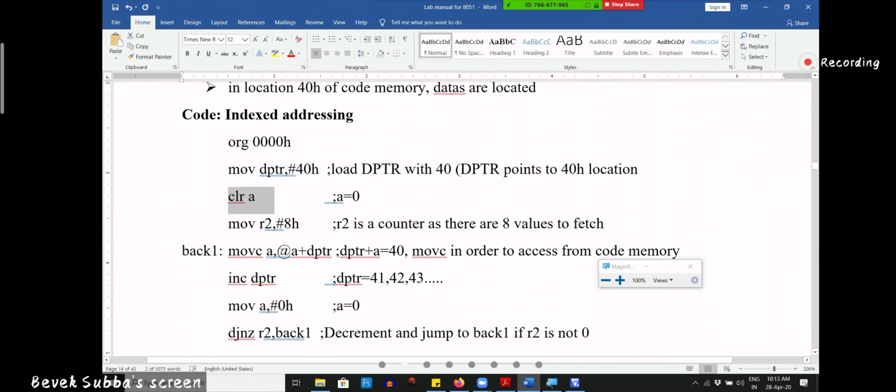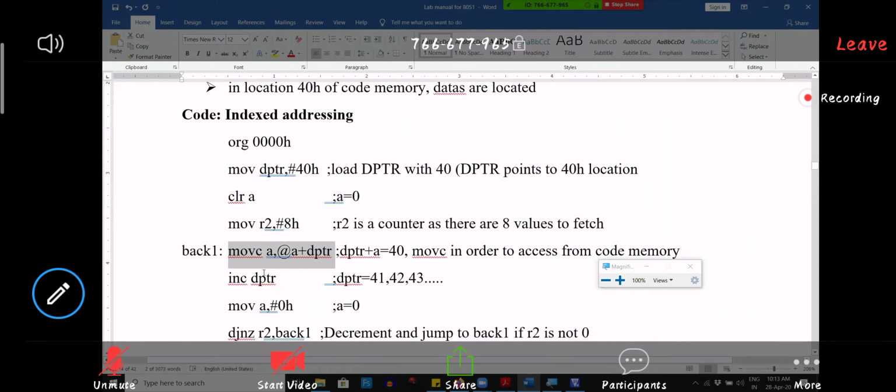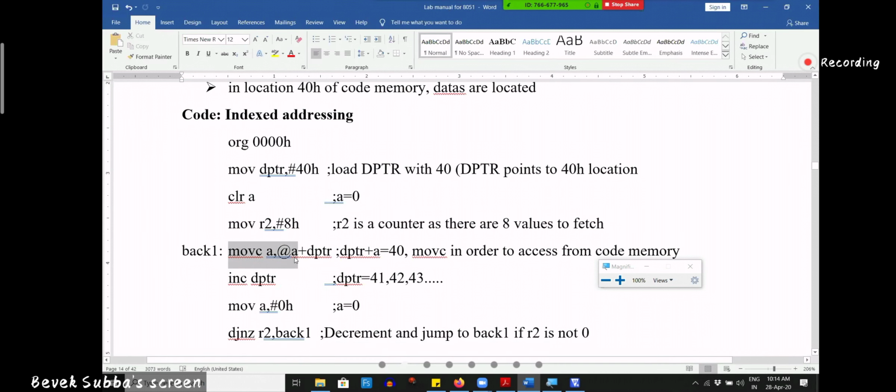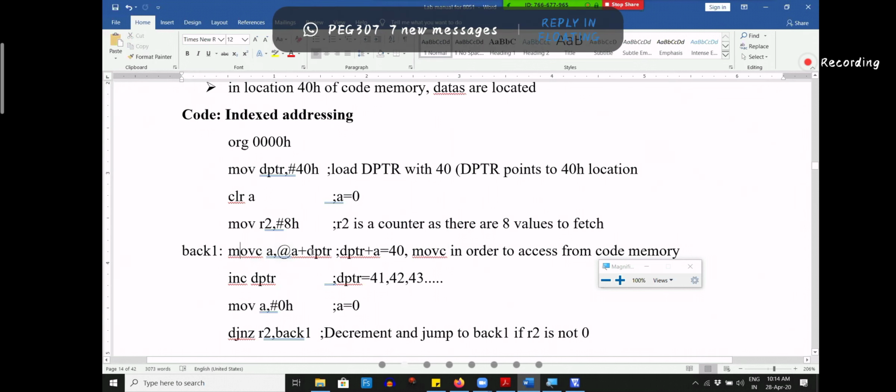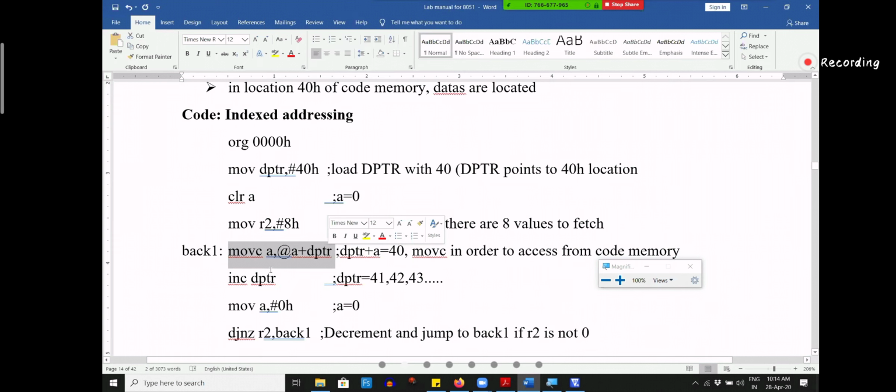Always when you use indexed addressing, you will use this syntax most often: MOVC A, @A+DPTR. Please remember this. Memorize this line for indexed addressing. Even if you don't write anything else, if you write at least this line, you will get some points, because this is the main line.